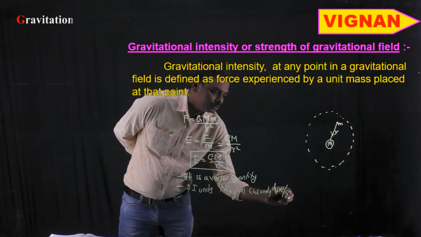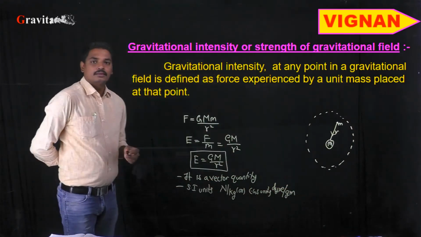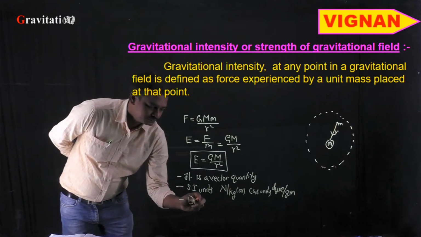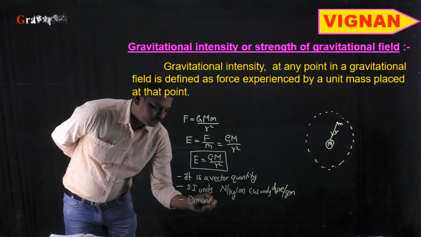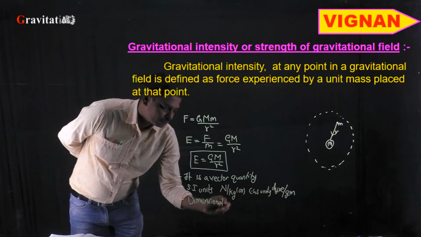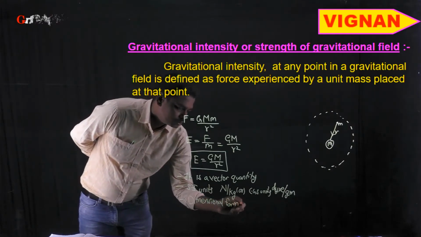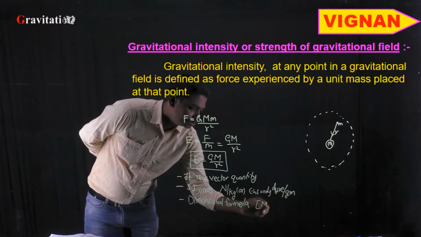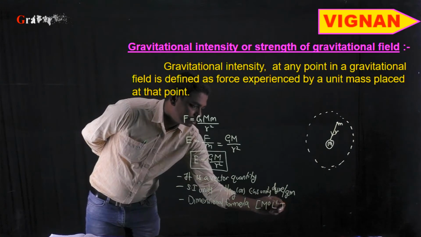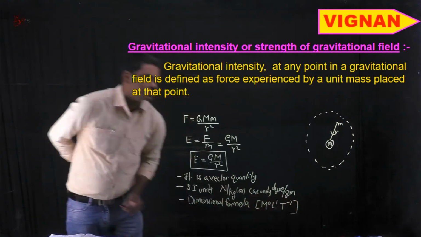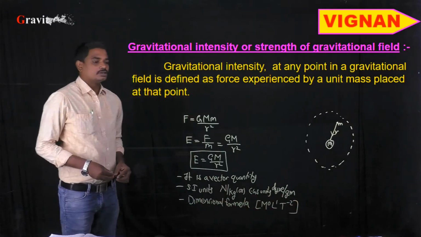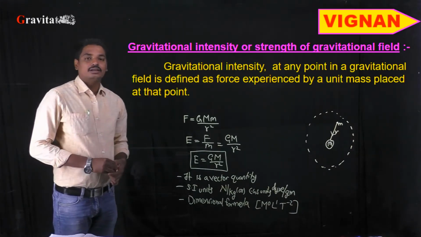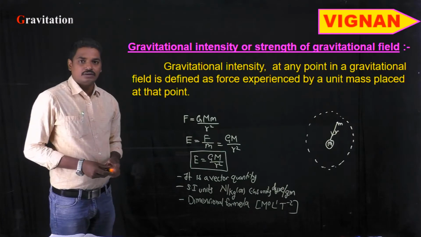Dyne per gram. Right. The quantity whose dimensional formula is M power 0, L power 1, T power minus 2 is the dimensional formula of the gravitational intensity, or the strength of the gravitational field.